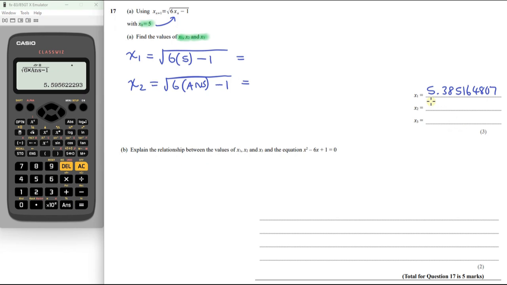And that gives me 5.59562293. So that's x sub 2.